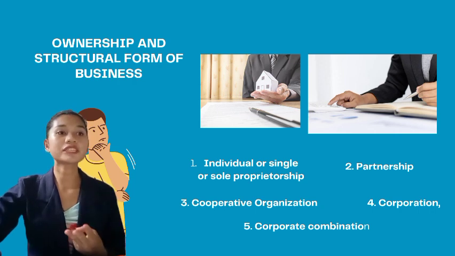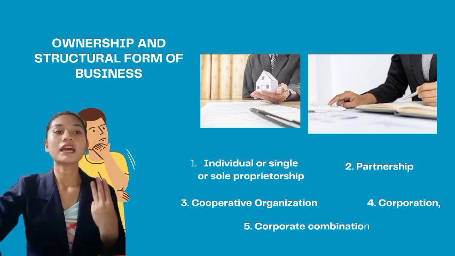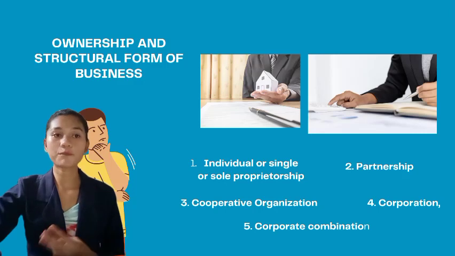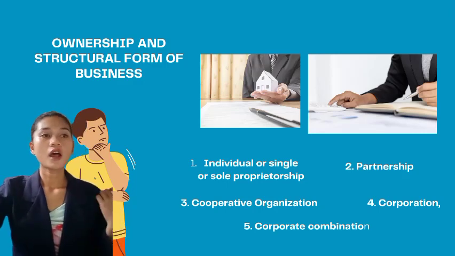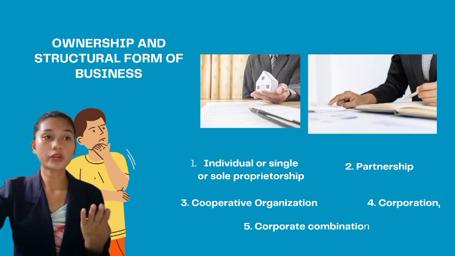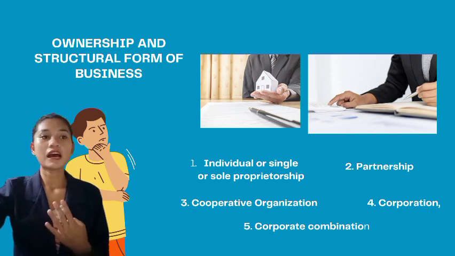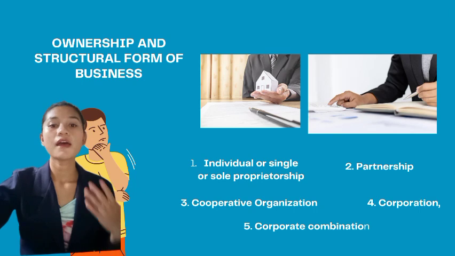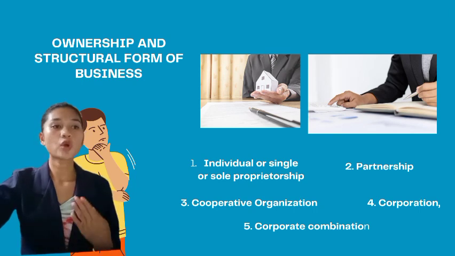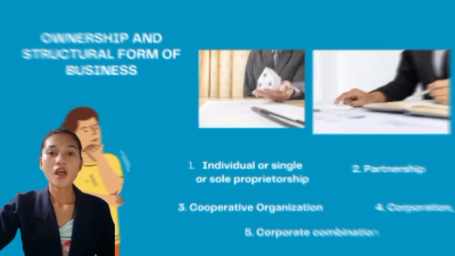And the third is cooperative organization. If daghan mo sa usa ka property. Fourth is corporation. Mura sila sa cooperative, but the corporation is naay tendency nga mukiha or kihaon ta. And the last is corporate combination.